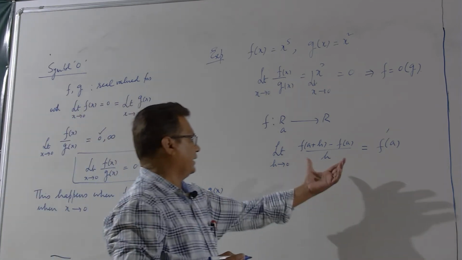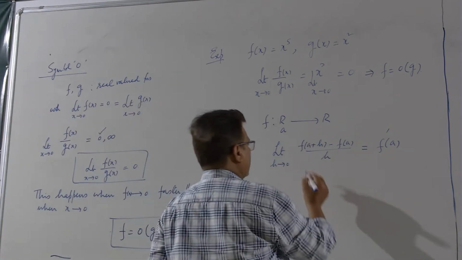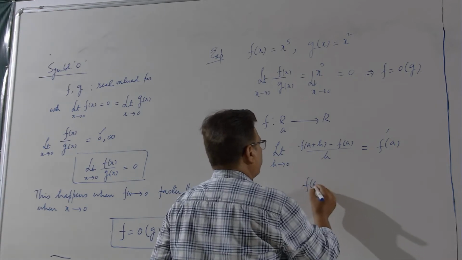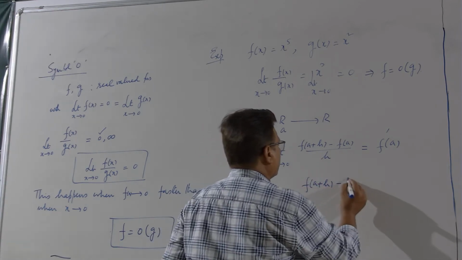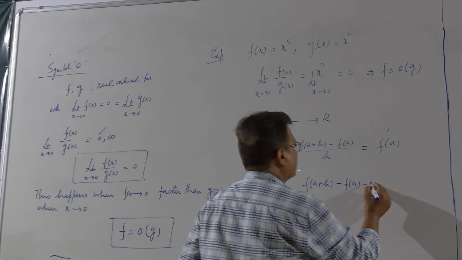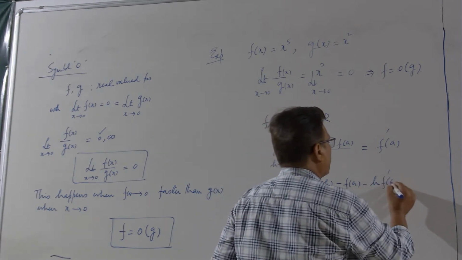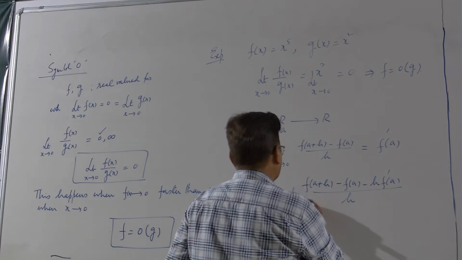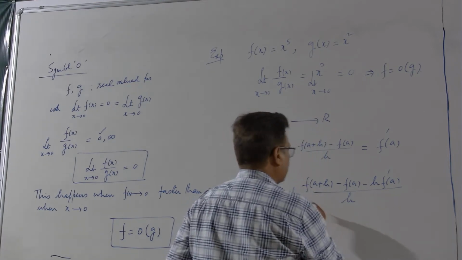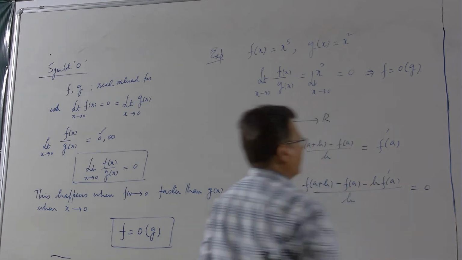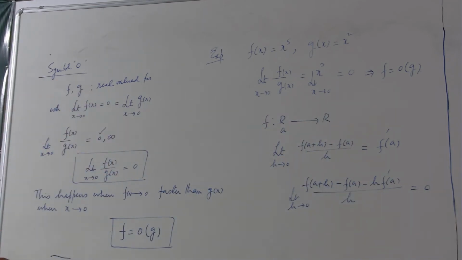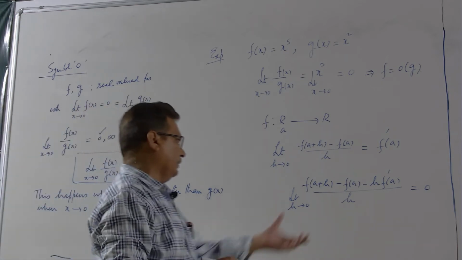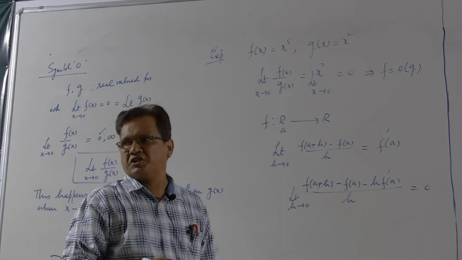So, now I can write down this expression as f of a plus h minus f of a minus h times f dash a, upon h. In the limiting case, this is 0.